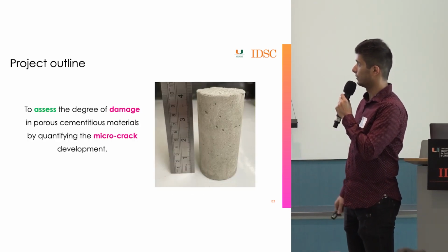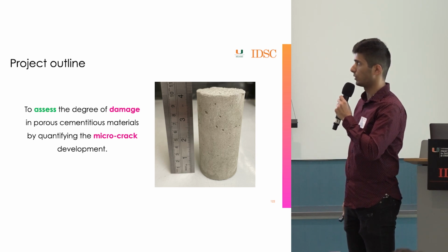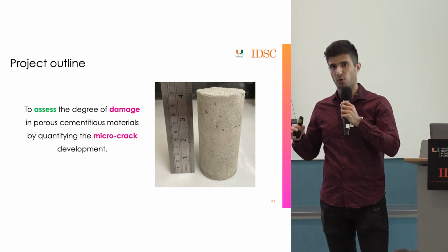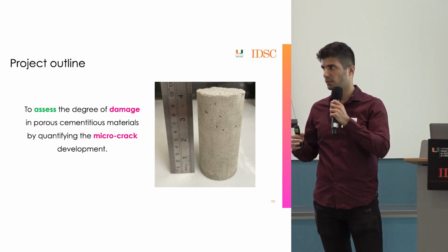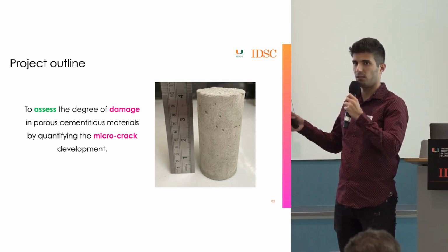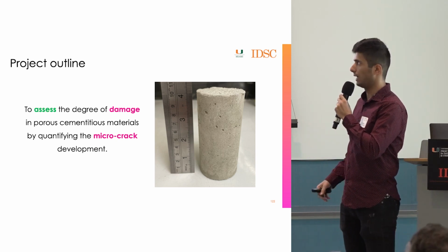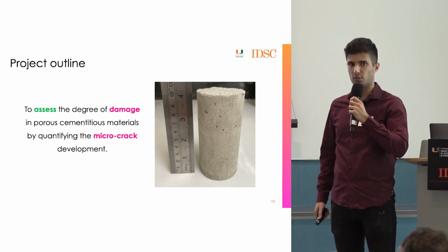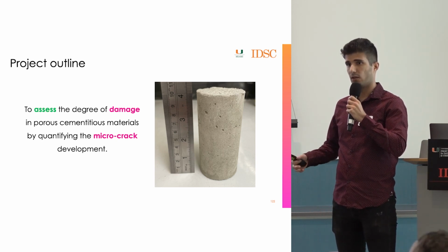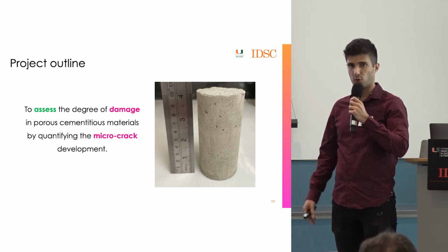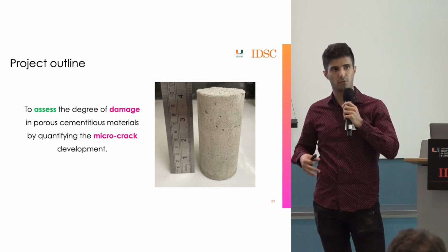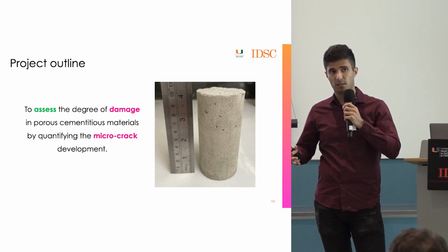This is the overall aim of this project. It was to first be able to identify cracks and separate the phases, and then quantify these cracks, crack volumes, and assess the extent of damage in the concrete. And this can later on be very useful for field work, where you have an old building, you want to see how much damage it has taken over time.